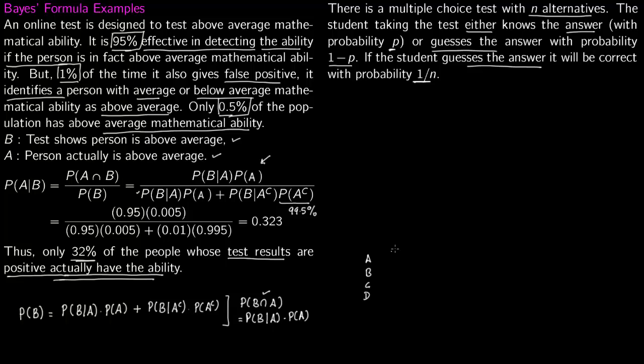So if the student does not know the answer, then he will guess any of the answers with probability 1 by 4. So he will guess the answer, and with probability 1 by 4, this answer will be correct. So that is what we are writing. It will be correct with probability 1 by n.